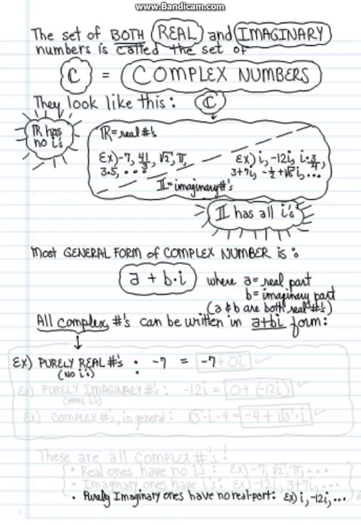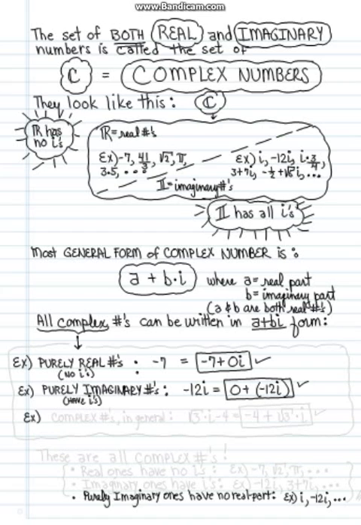If you wanted to be very formal, you would write -7 plus 0 times i, because there's no i there. Now, what if you had a purely imaginary number? A purely imaginary number has i and nothing added or subtracted to it. An example of a purely imaginary number that has i, of course, with nothing added or subtracted would be like -12i. How would you write that in a plus bi form? 0 plus -12 times i. See, the zeros don't necessarily have to be there, but you understood they could be there.